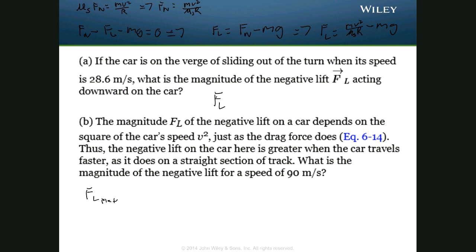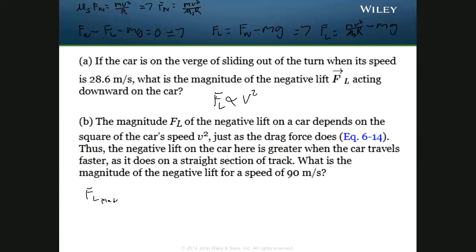What you'll notice here is that FL is proportional to V squared. And as V squared gets bigger, it's the dominating term, right? So what we're given here is that FL will always depend on the square of the speed, okay?